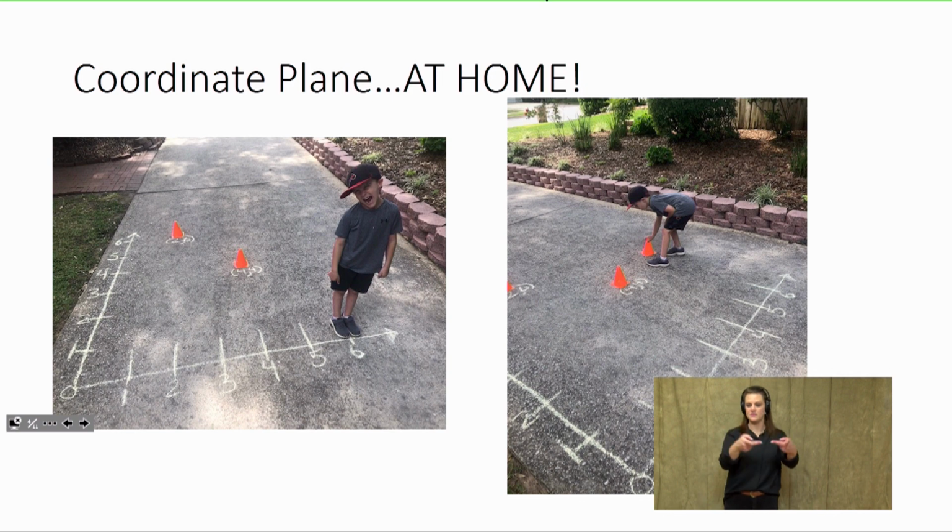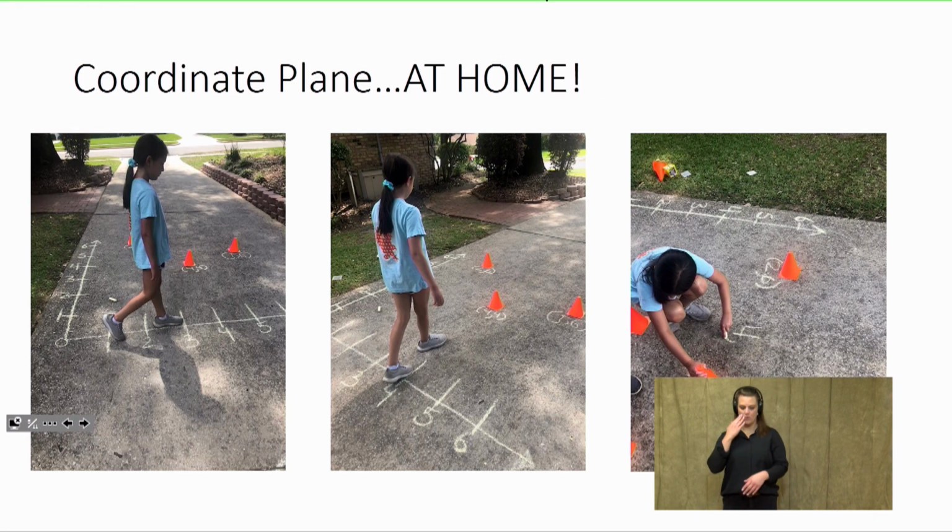And my children had to figure out the ordered pair. They actually did the work too. They walked along the x-axis, they started going up the y, and when I told them to stop, they had to plot where they stopped.